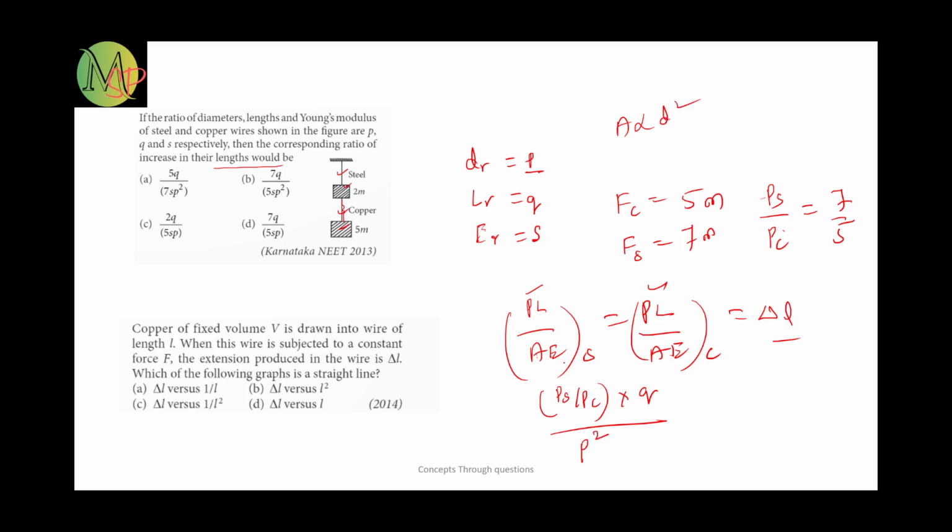Next, ES by EC. Now this would be 7 by 5 into Q into S into P square. So the answer would be 5S P square divided by 7Q. B is the answer.